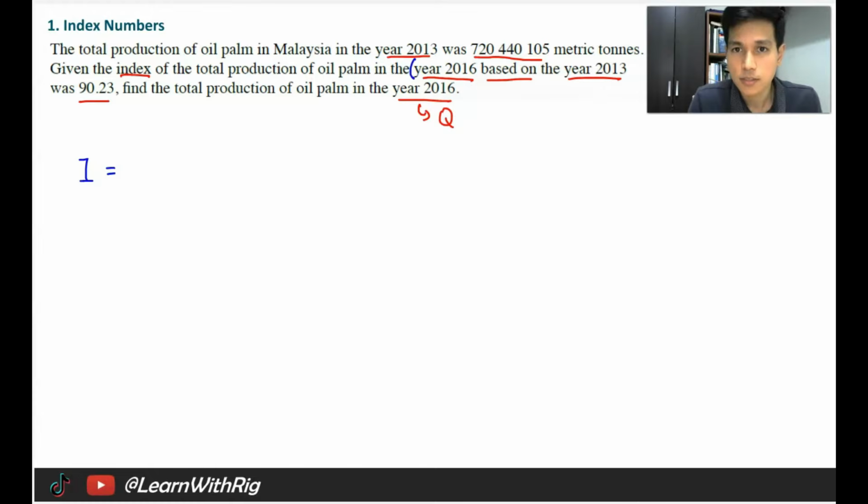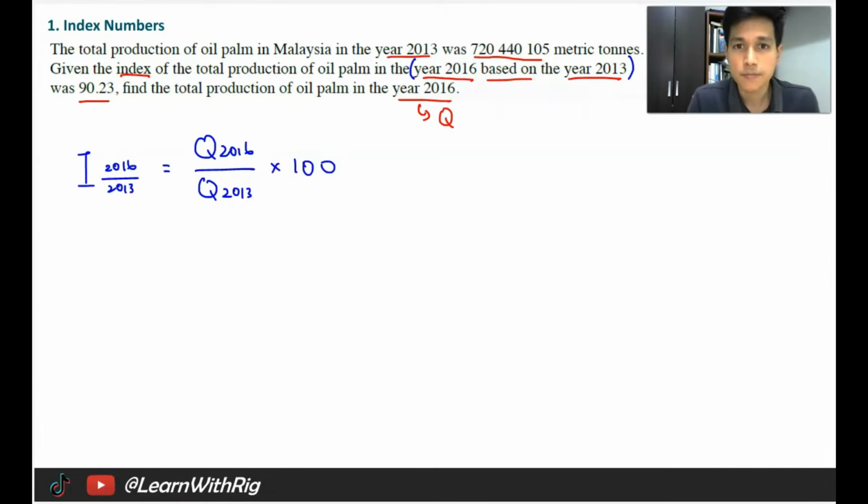Year 2016 based on year 2013. So you can write like this to make it more understanding, right? I 2016 over 2013. So this is the index, okay, for these 2 years that you're comparing. So the top here is going to be Q 2016. The bottom is going to be Q 2013 times 100.